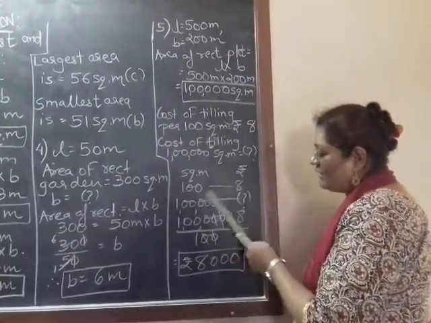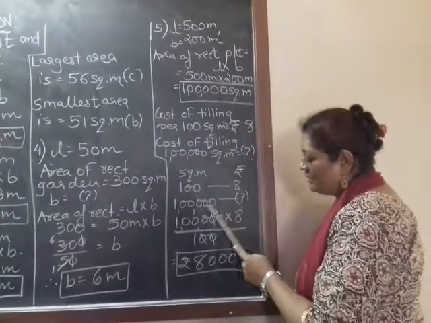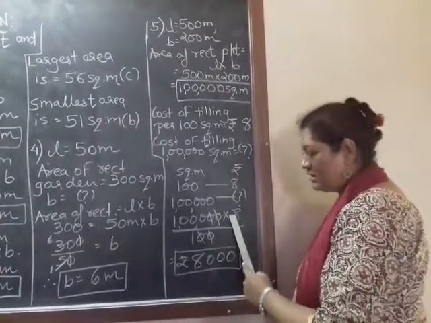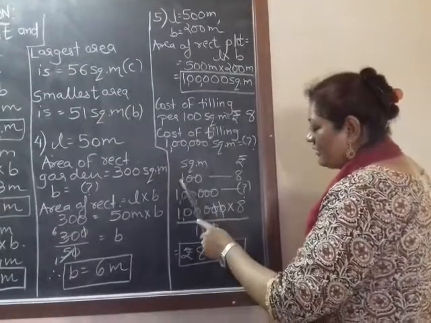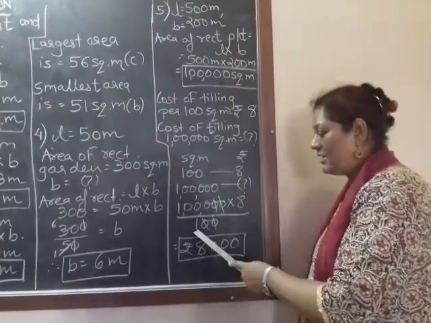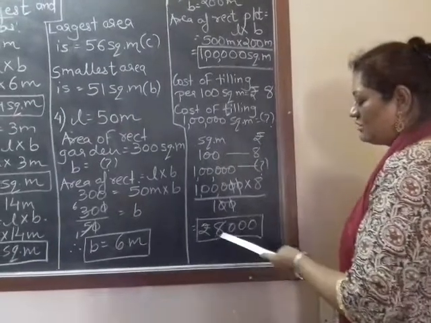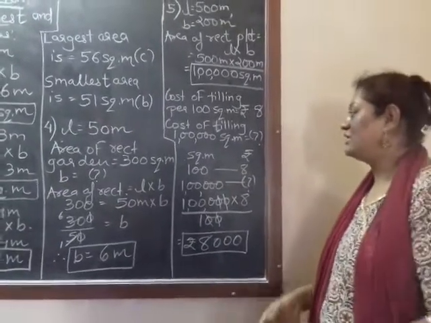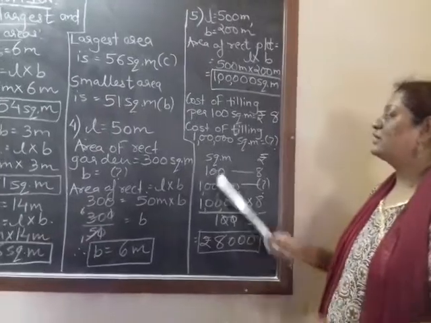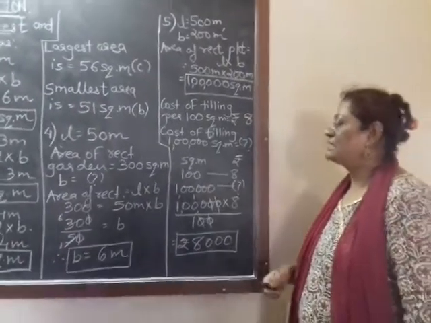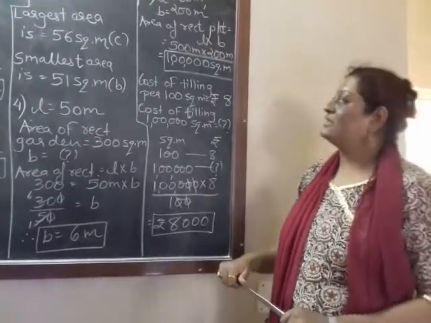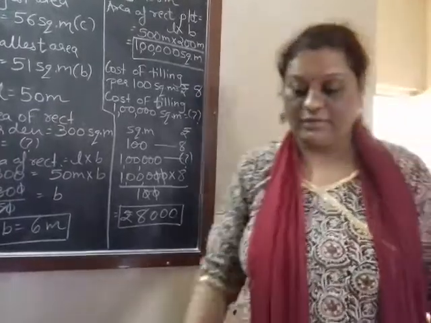So this 1 lakh and 8 are in cross multiplication. They both go in the numerator with multiplication, and this 100 goes into the denominator. Cut 2 zeros, 8 into 1000. So your answer is rupees 8000 will be the charge to till the rectangular plot of 1 lakh square meter. Hopefully this is clear to you, and we will continue with the further sums.